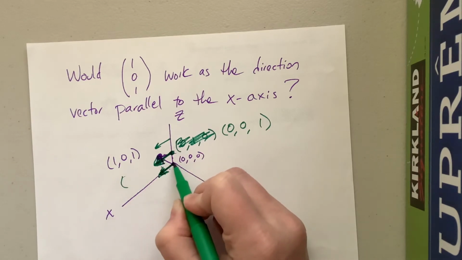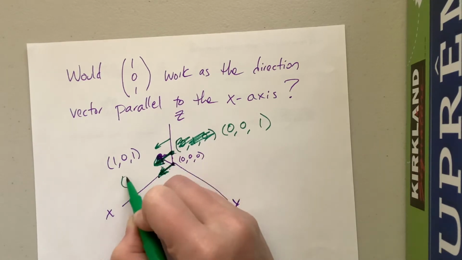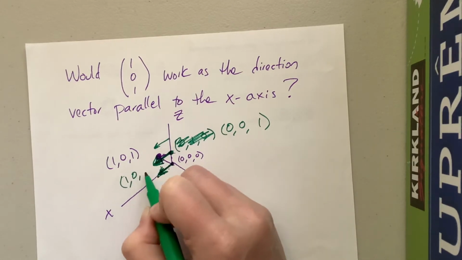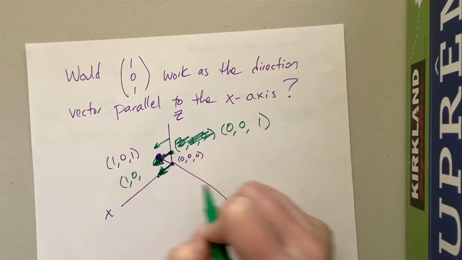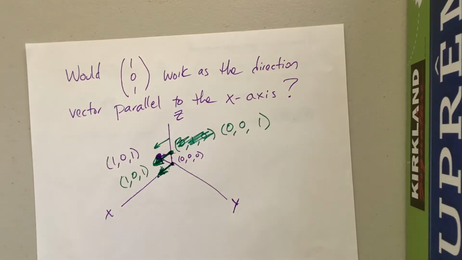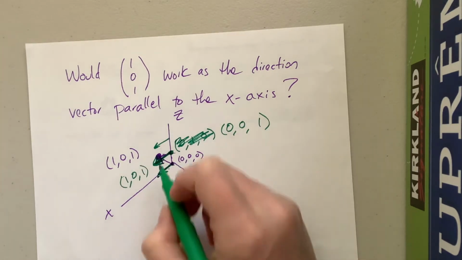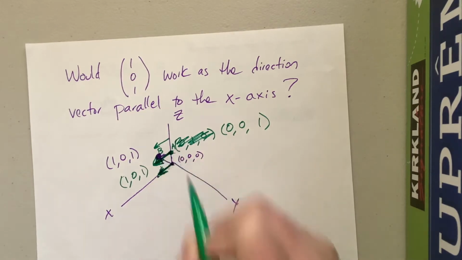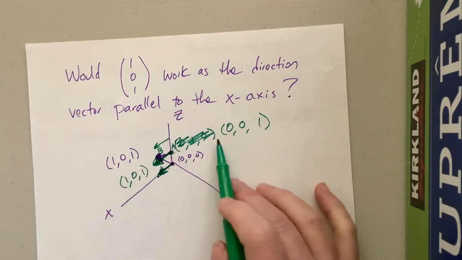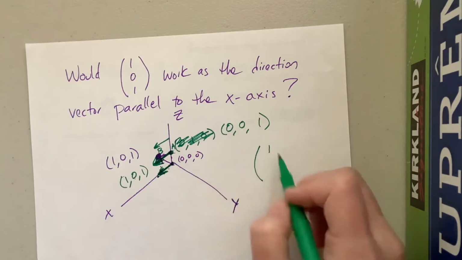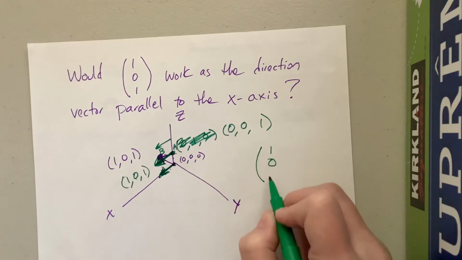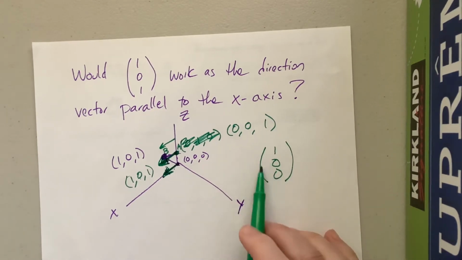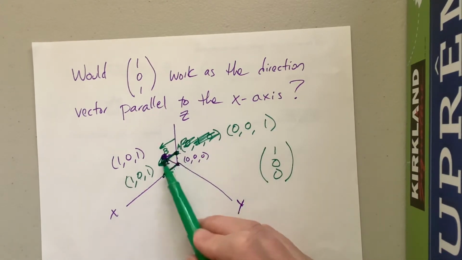Well, this point has gone 1 in the x, 0 in the y, and then 1 in the z. So when you subtract, if you want the vector from a to b, we take point b, subtract away a, and I have 1 minus 0 is 1, 0 minus 0 is 0, 1 minus 1 is 0. So this becomes that vector because vectors aren't nailed down in space.